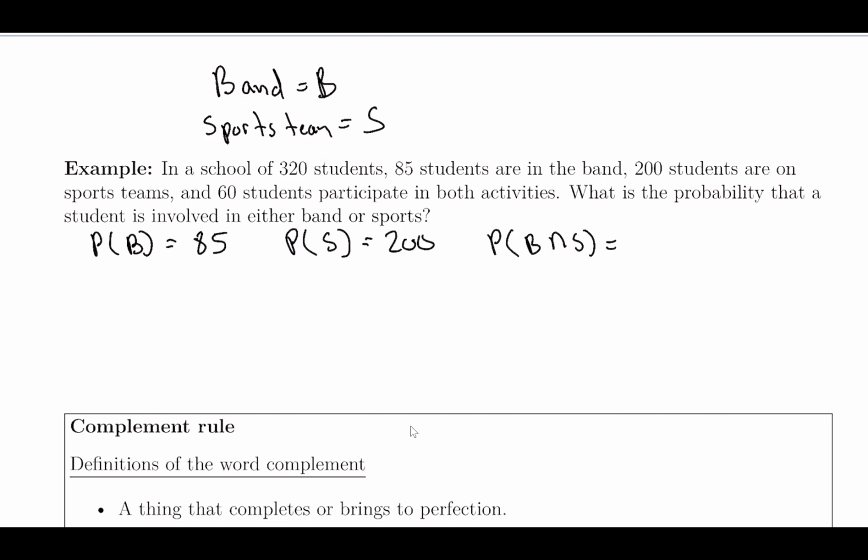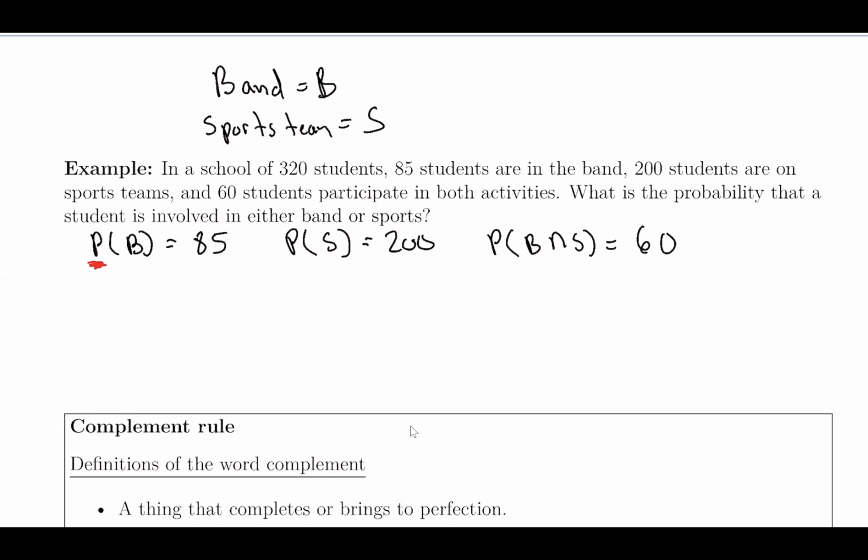How many people do we have in band and sports? All right. Everybody go with that so far? Okay. So one thing you have to remember, what does this symbol right here signify? Cool. Perfect. Probability. So that represents probability.